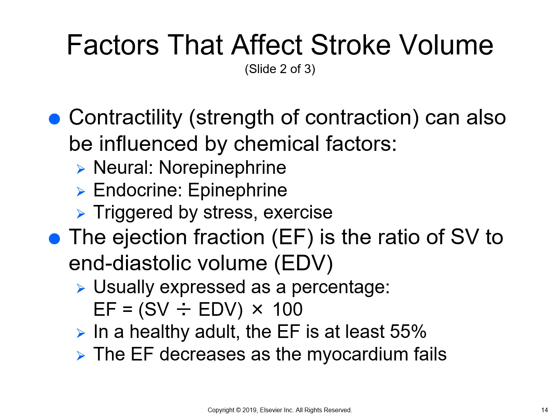In terms of the neural factor, which is norepinephrine, released by the sympathetic nervous system, that hormone increases heart contraction strength. And in terms of the endocrine factor, which is epinephrine, released from the adrenal gland, that hormone also enhances heart contraction.